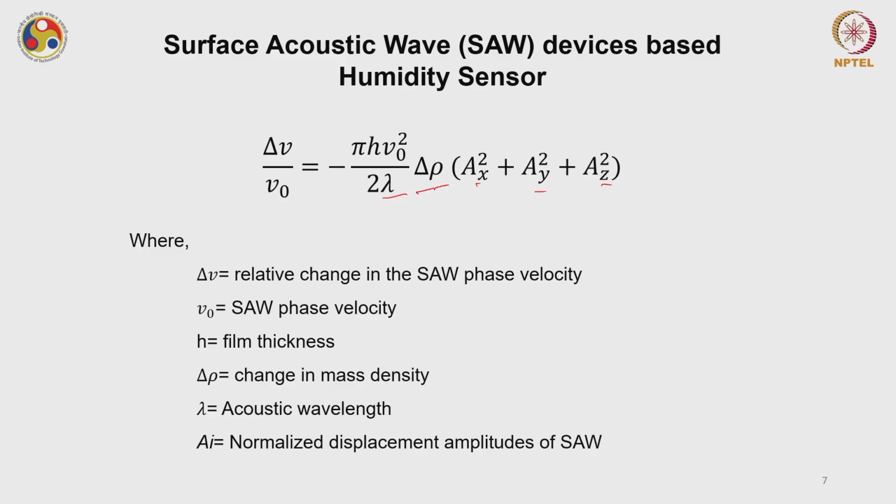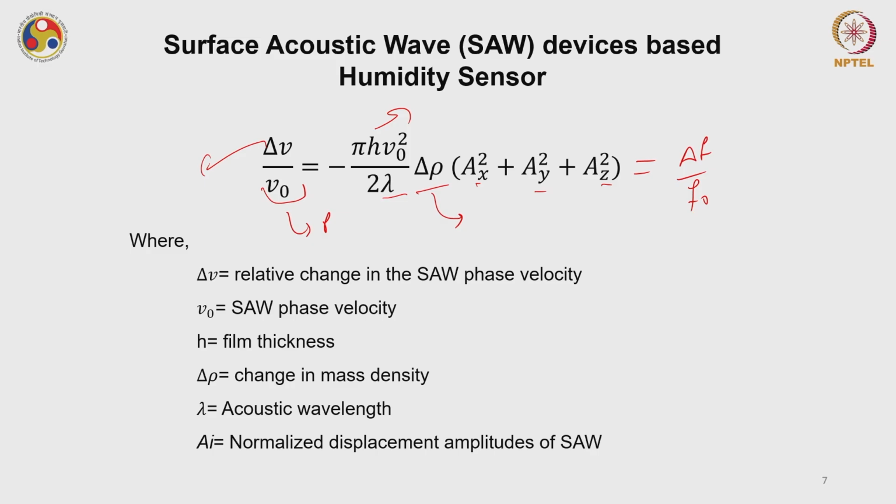Delta rho is the change in the mass density, and h is the film thickness. V naught is the SAW phase velocity that we have just seen in the previous slide, and delta V is the relative change in the SAW phase velocity. So this is the expression of delta V by V naught, and from the previous equation, this is equal to delta F by F naught.